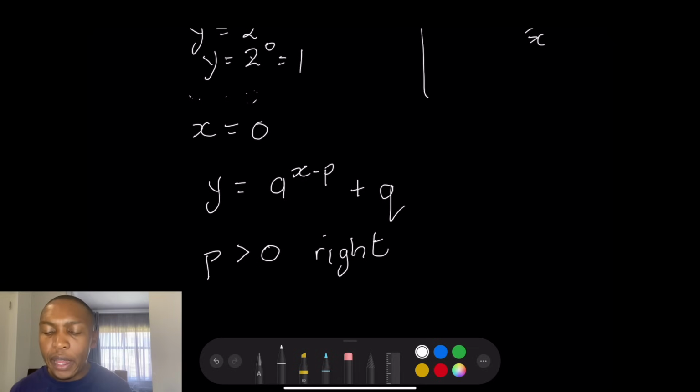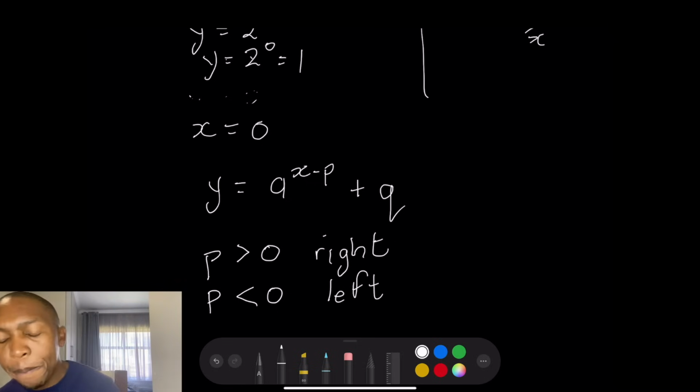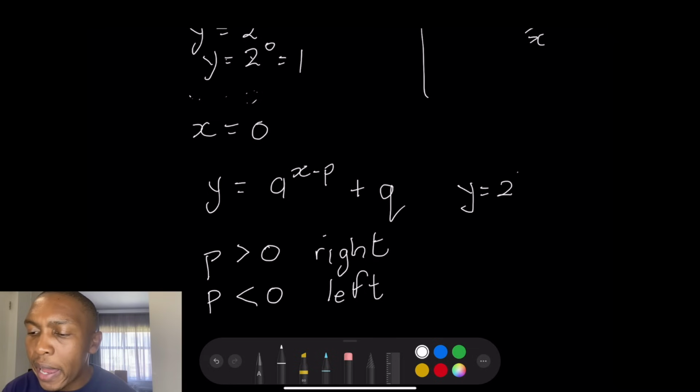And of course, when p is less than 0, it means that we are shifting our graph to the left. So that means if we've got, in our previous example, suppose we have y is equal to 2 to the power x minus 1.